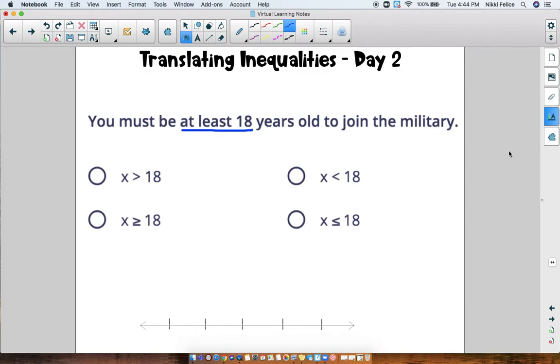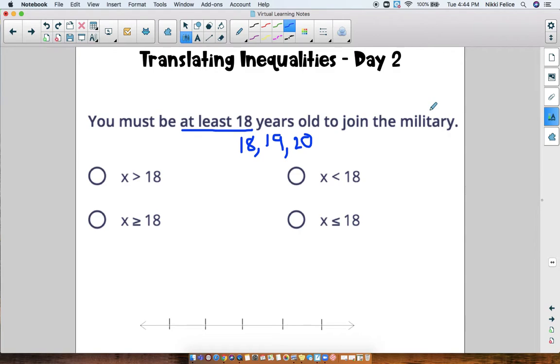No. Can you be exactly 18 and join the military? Yes, I could be exactly 18. Could you be 19 and join the military? Yes. Could I be 20 and join the military? Yes. So when I say I can be at least 18 years old to join the military, that means I can be 18 years old or older, right? I can't be less than 18. That wouldn't make sense. I can't have a 5-year-old in the military.